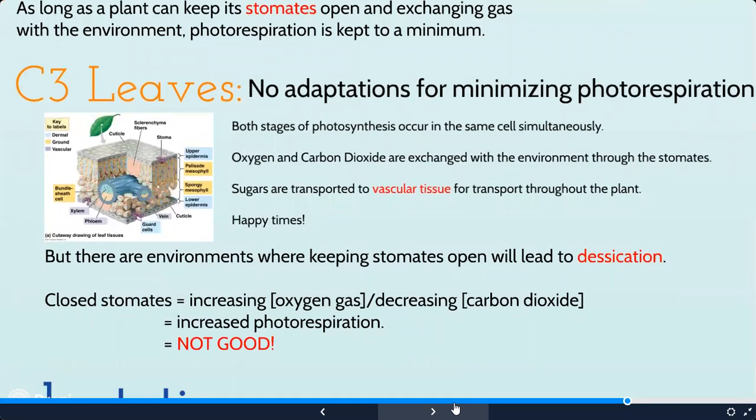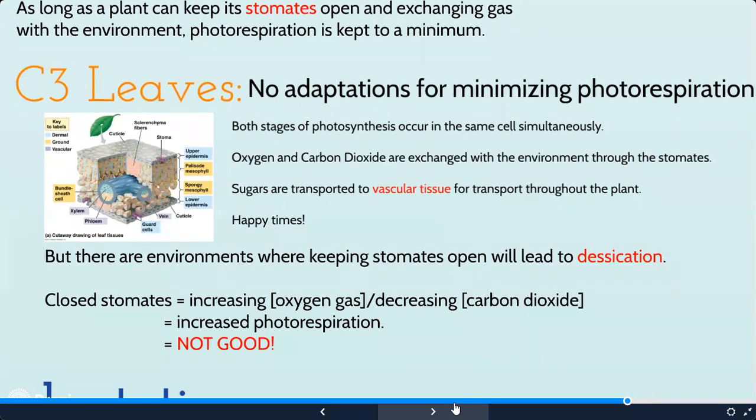So the C3 is what we just learned about. C3 for 3 carbon. This doesn't take into account photorespiration. Both the light-dependent and the light-independent reactions take place at the same times. Oxygen and carbon are exchanged at the same times through the stomates. Sugars get transported from the leaf throughout the plant.